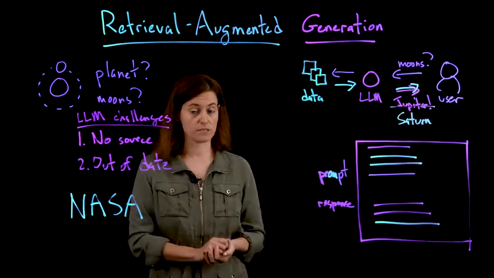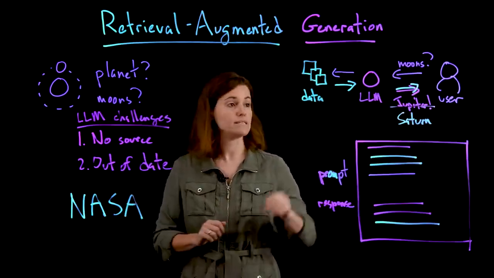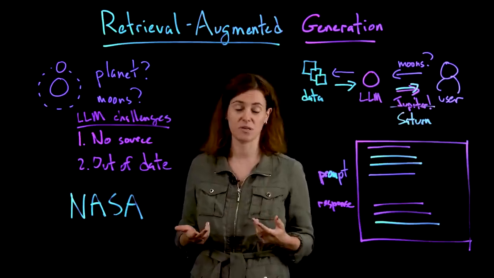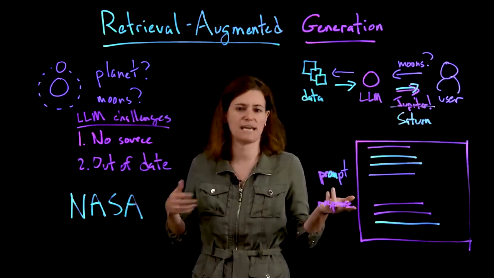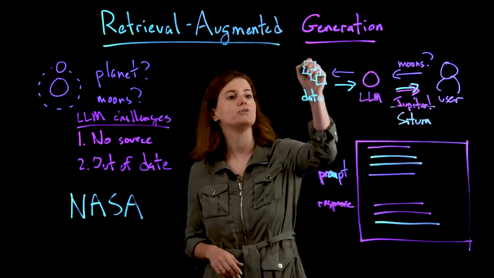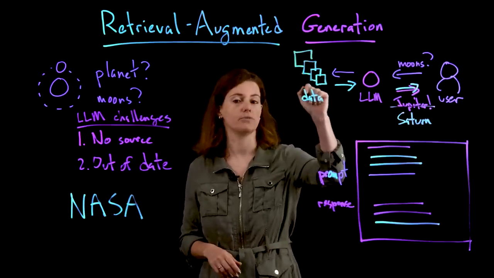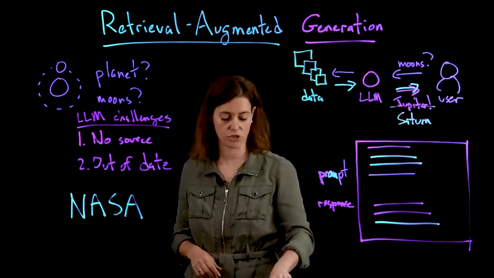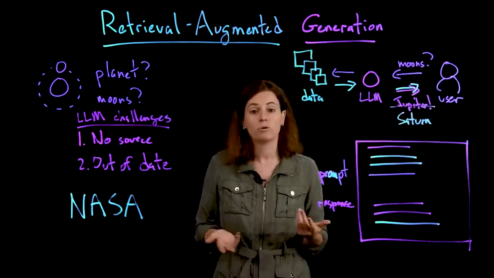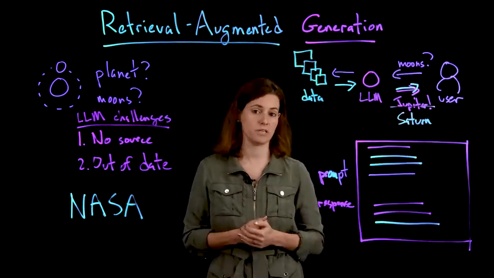So first of all, I'll start with the out-of-date part. Now, instead of having to retrain your model if new information comes up, like, hey, we found some more moons, now it's a Jupiter again, maybe it'll be Saturn again in the future, all you have to do is you augment your data store with new information, updated information. So now the next time that a user comes and asks the question, we're ready. We just go ahead and retrieve the most up-to-date information.